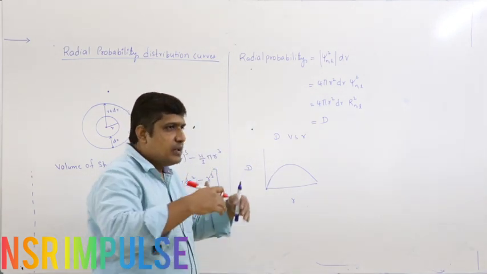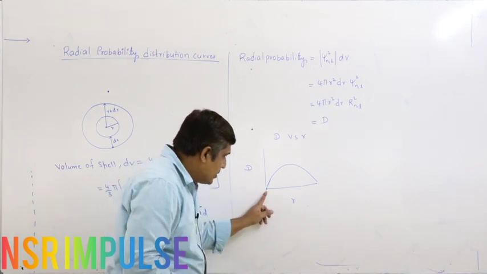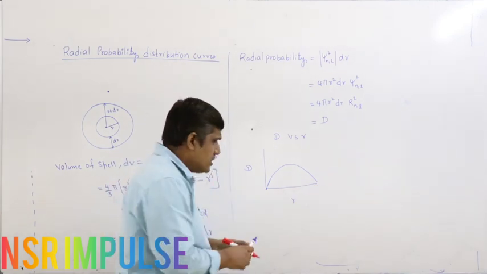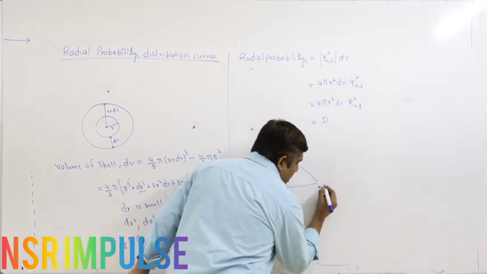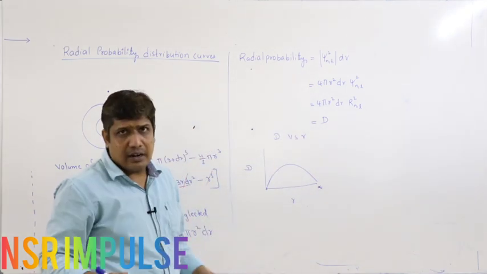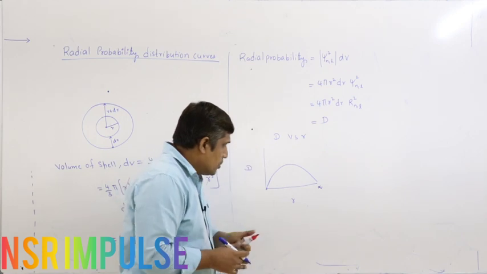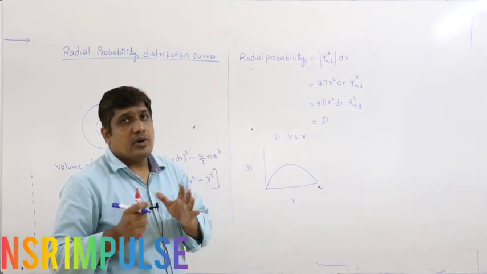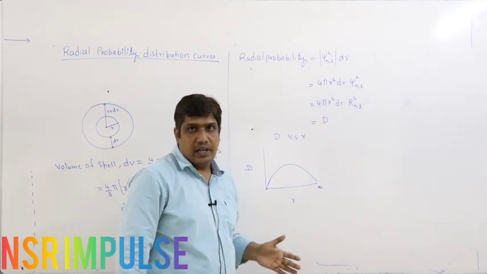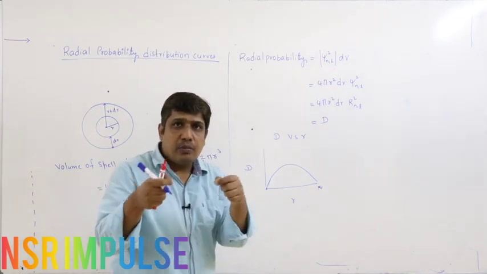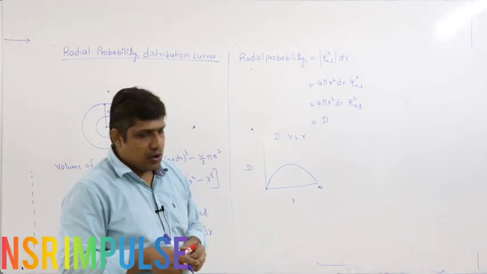The electron can be found anywhere between this point and this point. What is this point? This is nothing but infinity, where there is no nuclear attraction. So there is no possibility of finding the electron at r equal to 0 and r equal to infinity. Between these two, there is always some probability of finding the electron.